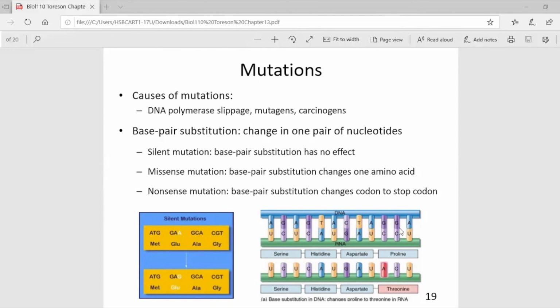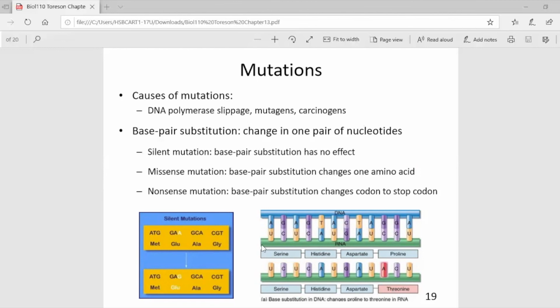So with this missense mutation, we end up with one amino acid that is different. This different amino acid will affect the final protein and may result in a non-functional protein or a protein that doesn't function as well.